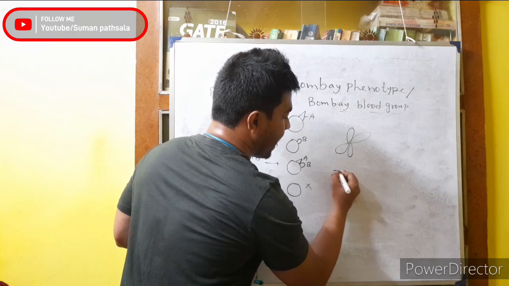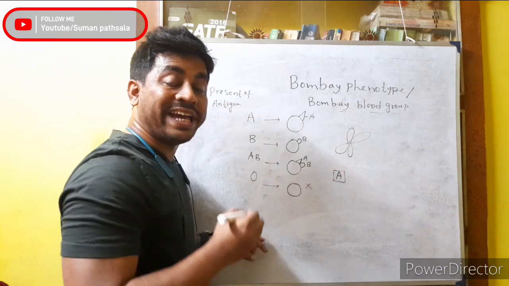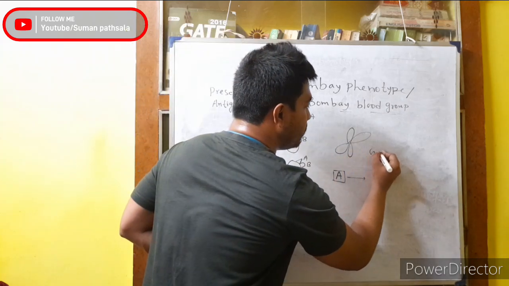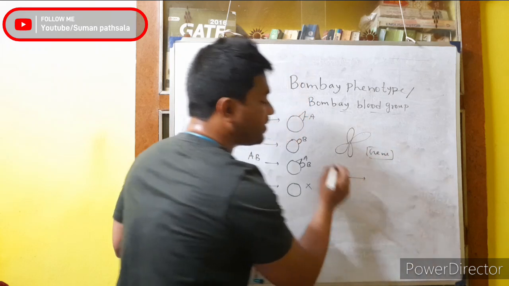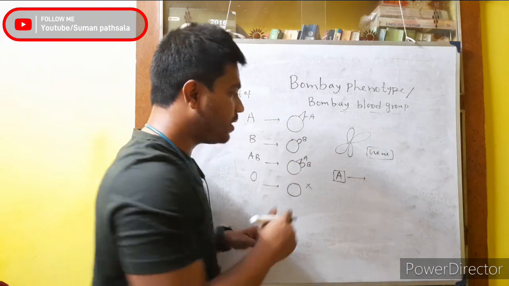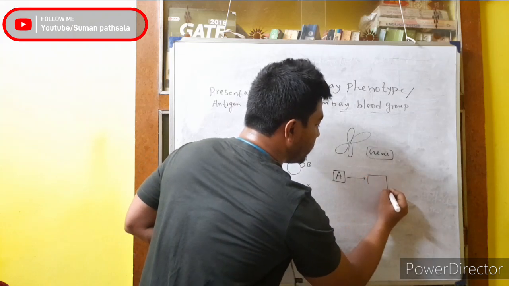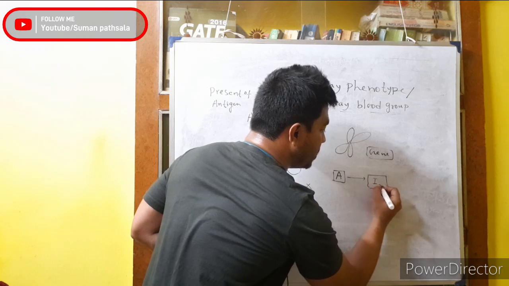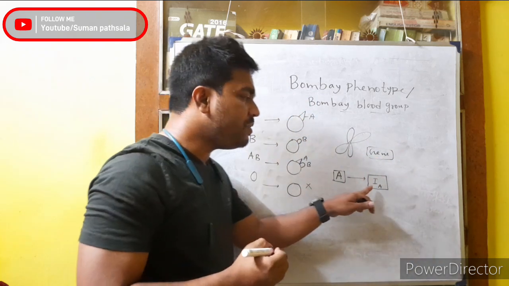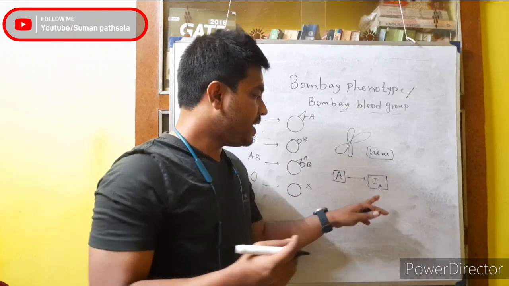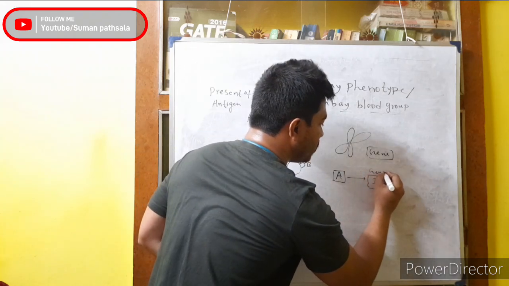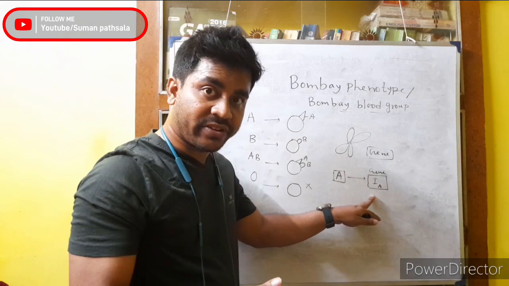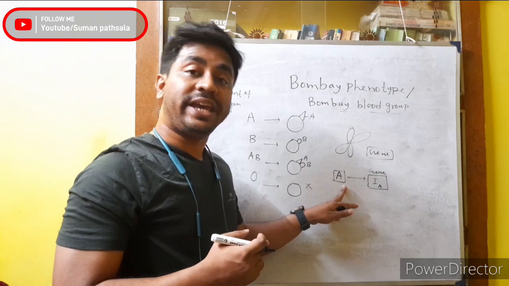If we have the A blood group, there is a gene present for this character of blood group A. I write here IA, where I means immunoglobulin A. This is one type of gene which is responsible for the A blood group. If the gene is expressed, then your blood group will be A.